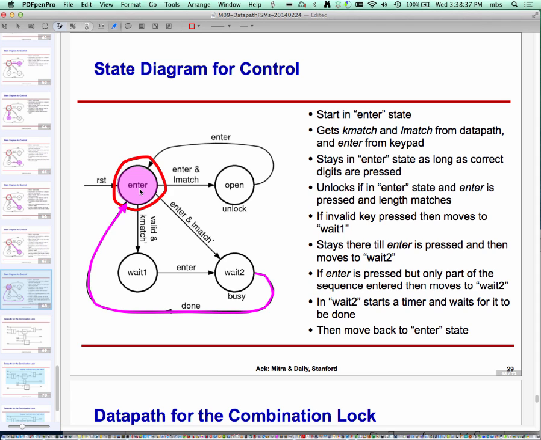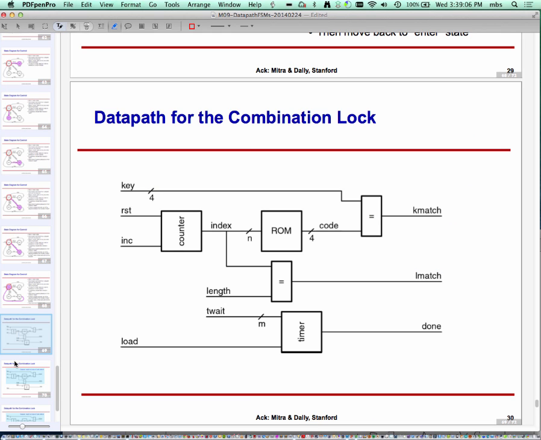If the user presses a wrong key, we move to wait one. We move to open if the user has pressed correct keys and the right number of keys. And we move to wait two if the user has pressed correct keys thus far, but not all of them. Those are the three situations that we have, and our data path supports all those operations.